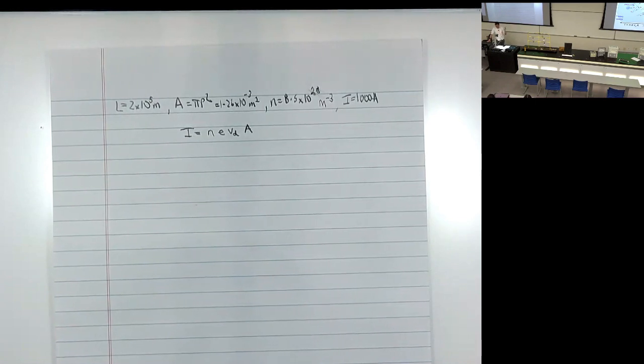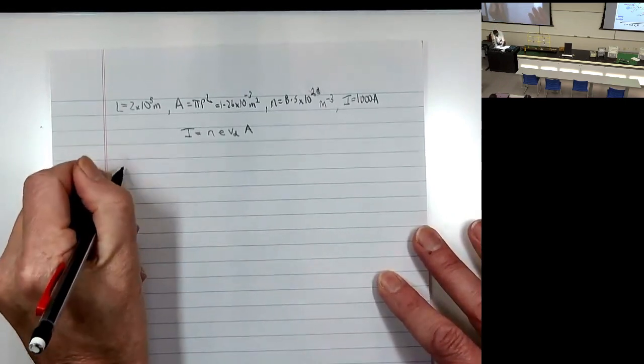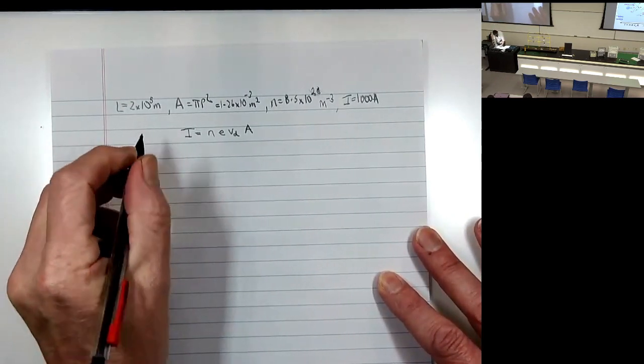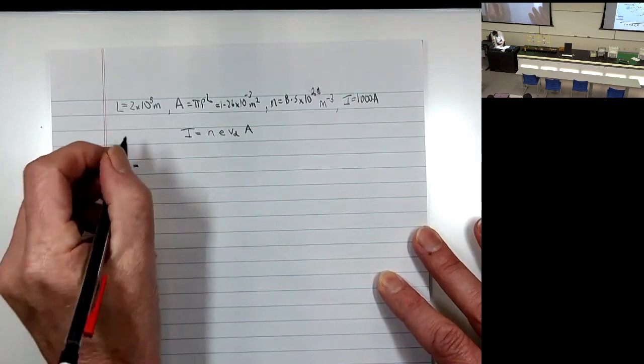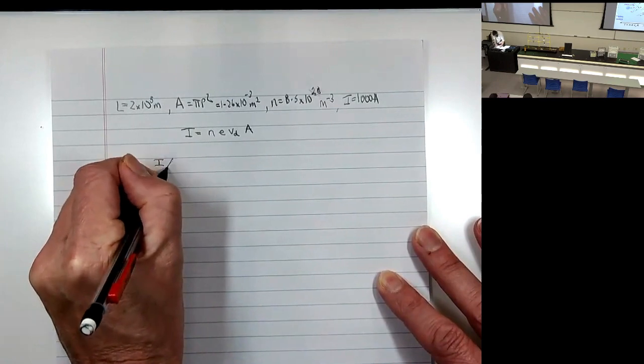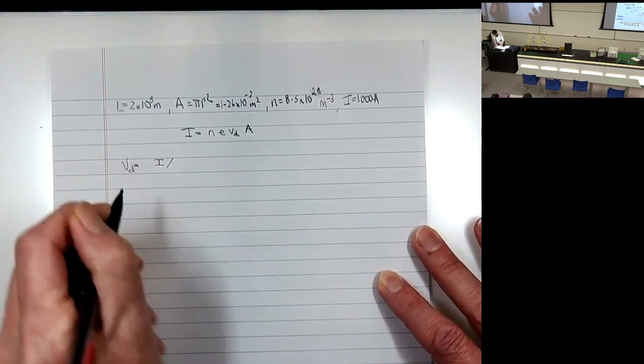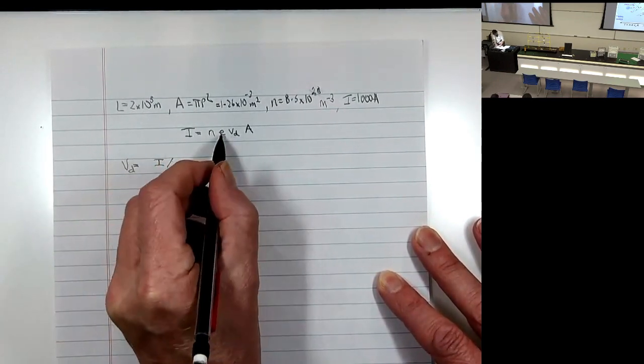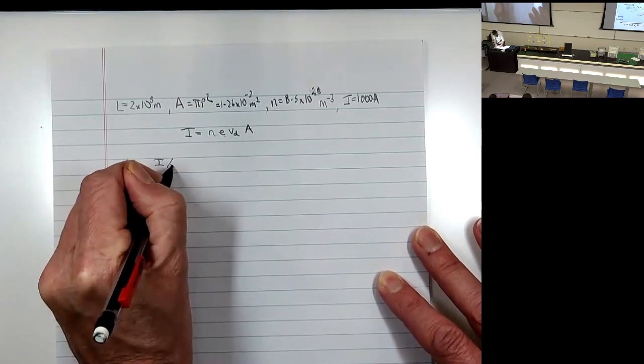If we want to find the velocity of the electrons down the wire, we just need to rearrange this, don't we? It's not too hard. Apparently it is. The drift velocity will be the current divided by N, E, and A.